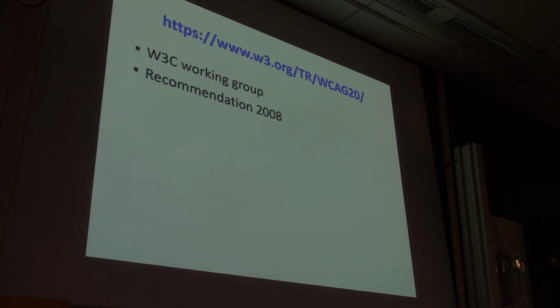We will use the recommendation that's quoted here for assignment 4. So you will check the guidelines and see if your own web page that you made for assignments 1, 2, and 3 actually conforms to the guidelines in this recommendation. So that's already a hint for what is going to be part of assignment 4.